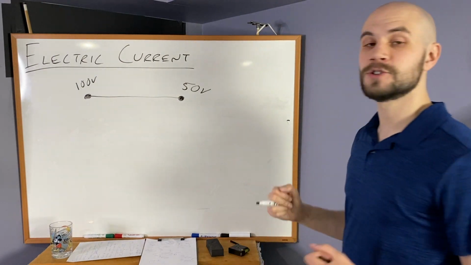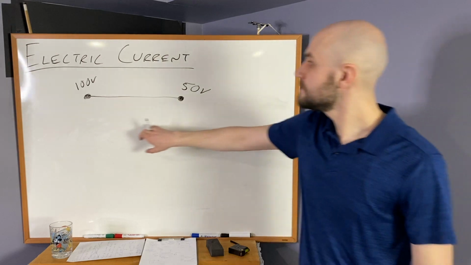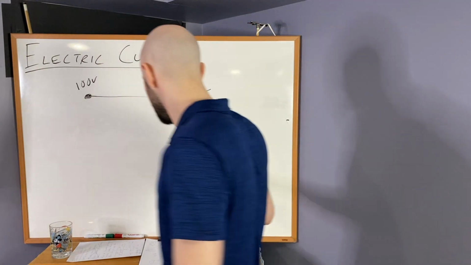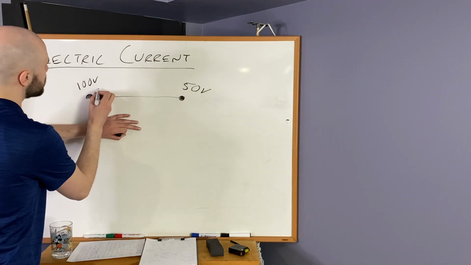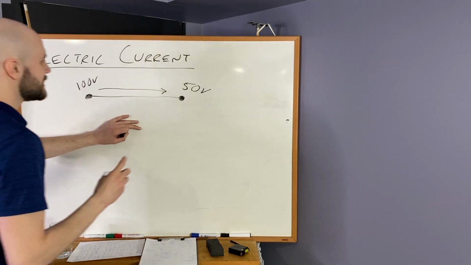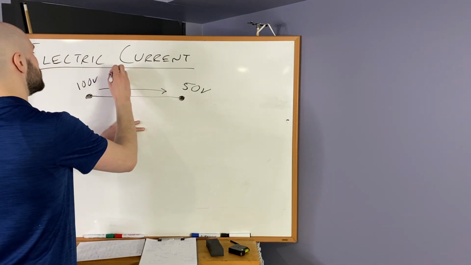There has to be a potential difference in order for current to flow. There is a potential difference between these two locations, right? The electric potential here is 100 volts. Here is 50 volts. So current is going to flow from high potential to low potential. This is the direction of conventional current.